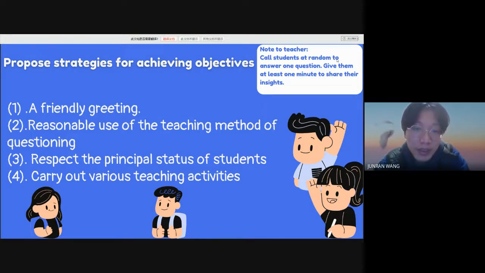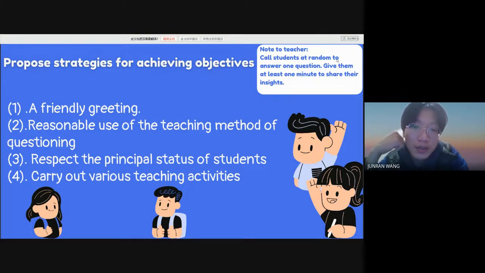For the last one, carry out various teaching activities. A good student-teacher relationship and learning environment are of great help to students' English communication. English teachers can carry out a variety of teaching activities in English teaching.